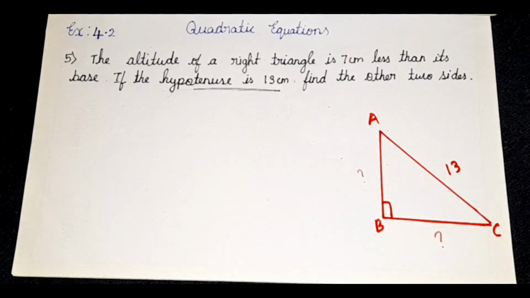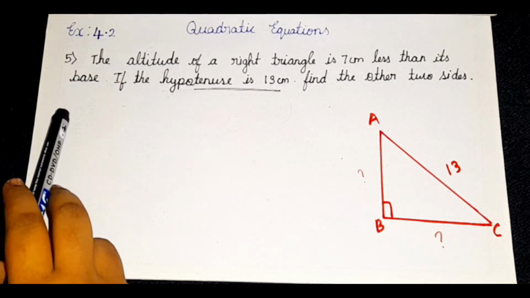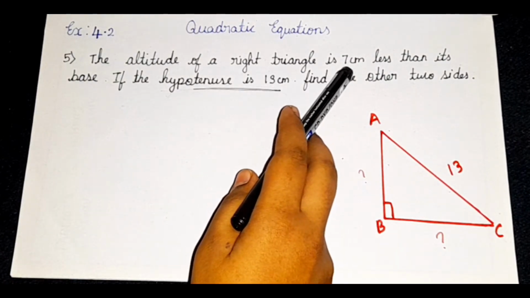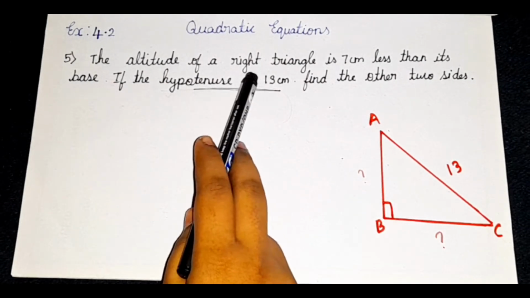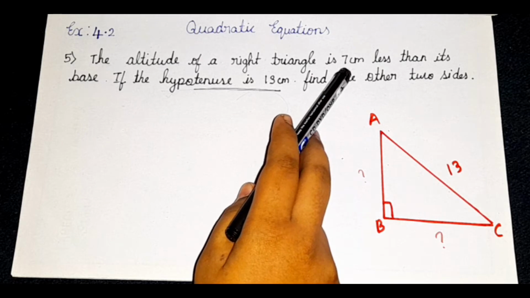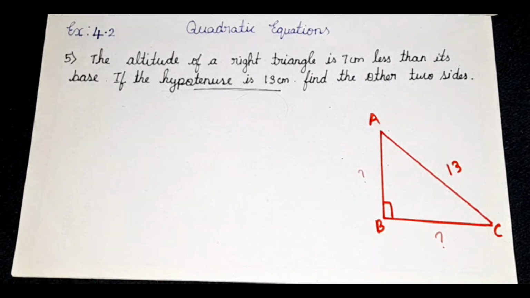To find that, first we let the base be x. According to the question, the altitude of a right triangle is 7 centimeter less than its base. The base is this side, but we don't know the base value.